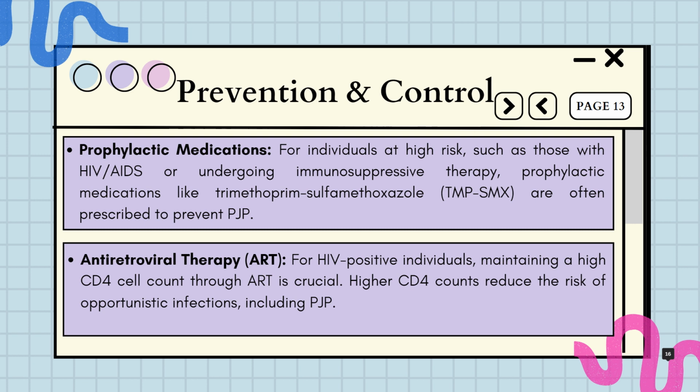Also, antiretroviral therapy or ART for HIV-positive individuals. Maintaining a high CD4 cell count through ART is crucial. Higher CD4 counts reduce the risk of opportunistic infections, including PJP. CD4 cells are also called CD4 T lymphocytes or helper T cells. These T cells help fight infection that is present in the body.